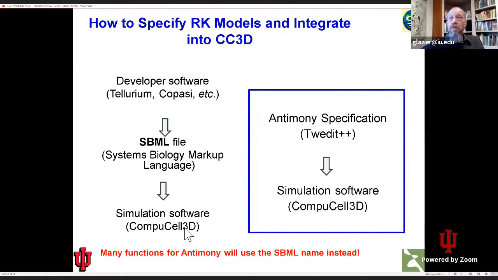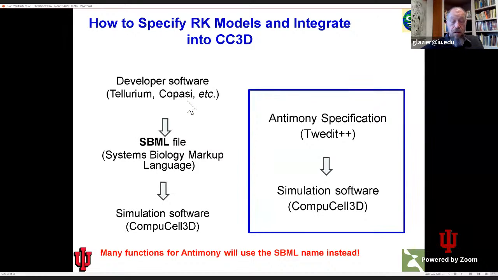Okay, so to specify models, typically we're going to use antimony, and then run them inside of CompuCell. In the old days, before antimony, when you used SBML, the disadvantage of SBML was you didn't want to write it by hand. And so you had to use an editor like Copasi.